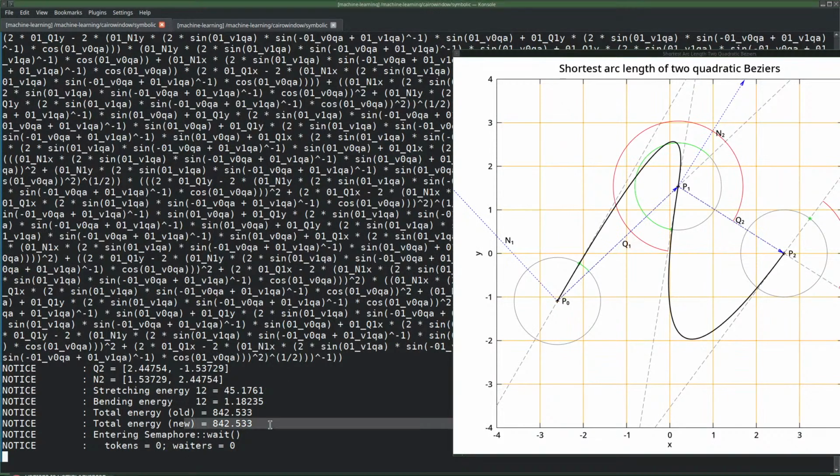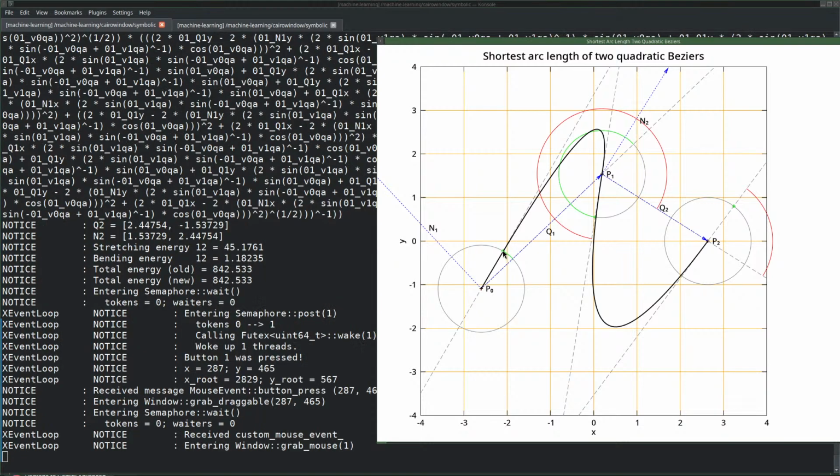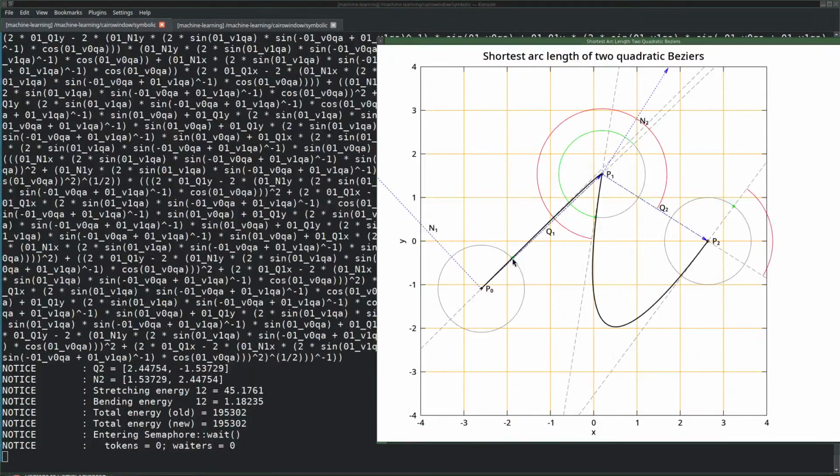Yes, the correct value. Okay. Now this is interesting because now I have a total energy here. So if now I change, say, this angle, then 0 is definitely not going to be the minimum. Yeah, so now it's 195,302, which is not 0. Well, not minimum anyway.